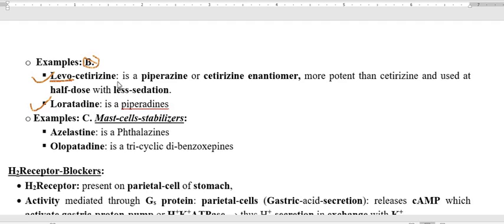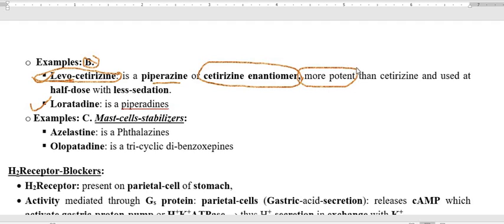Levocetirizine is one of the most usable anti-allergic drugs and belongs to the piperazine group. Because of the levo, it is an enantiomer of cetirizine. So levocetirizine is the cetirizine enantiomer. Another very important point is that it is more potent.